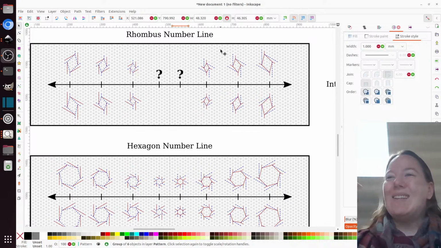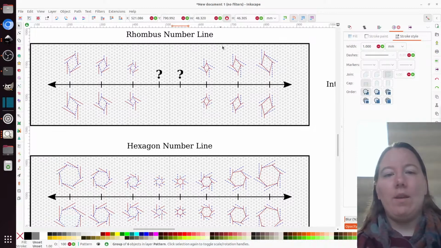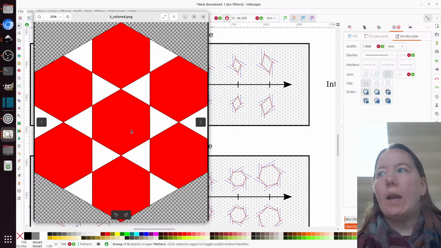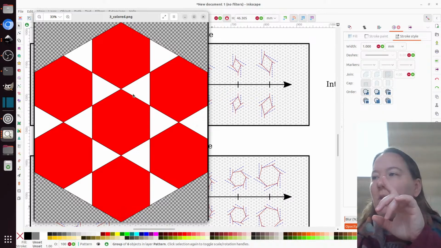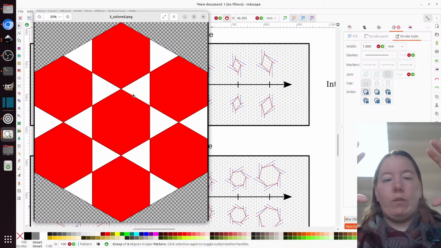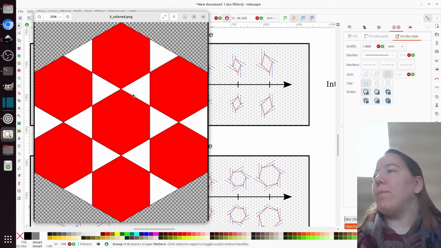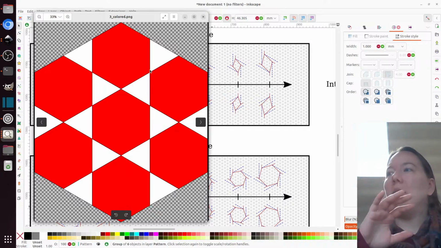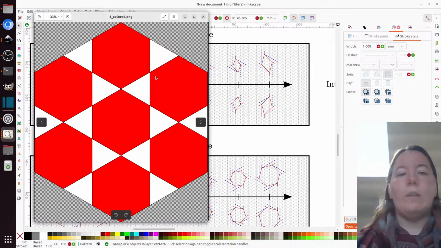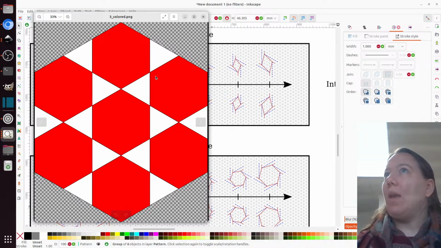And so taking that information back into the tiling, I can say this hexagon is a shape that goes around and connects. And therefore it's balanced in and of itself. And then there's a triangle, which is a shape that goes around and connects and is balanced in and of itself.